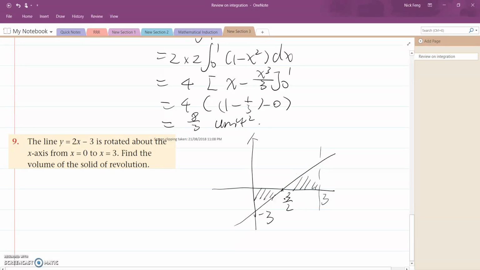So there are two parts of the volume. Basically the same thing, you can just integrate it from 0 to 3. Remember, you're squaring the function, so it really doesn't matter positive or negative. From 0 to 3, pi times (2x minus 3) all squared dx. So you can continue with this yourself, girls.